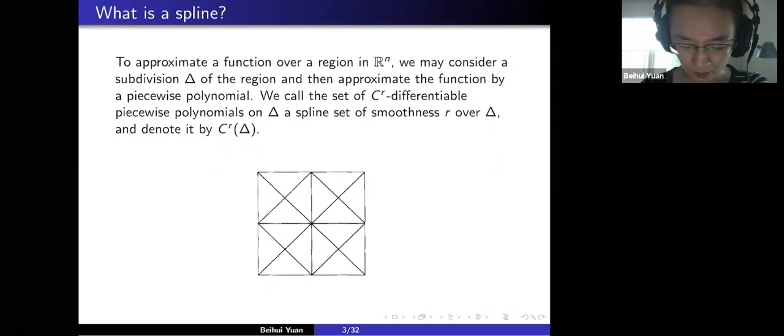In this case, you will see a rectangular region with a triangulation. This is one example of how we divide this region. And we call the set of C^r differentiable piecewise polynomials on this subdivided region a spline set. And this is our notation for the spline set.